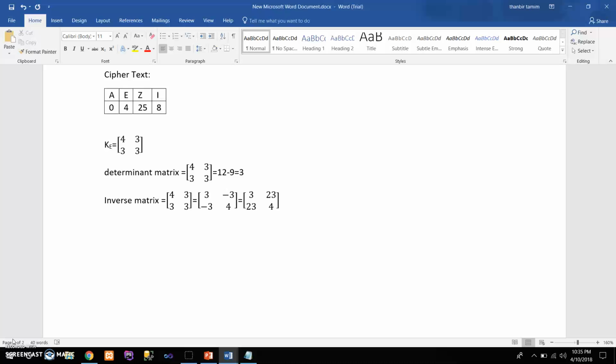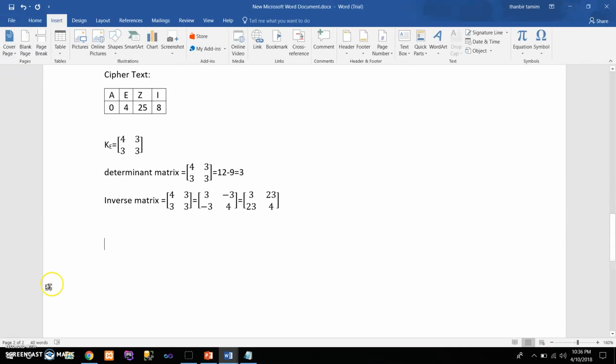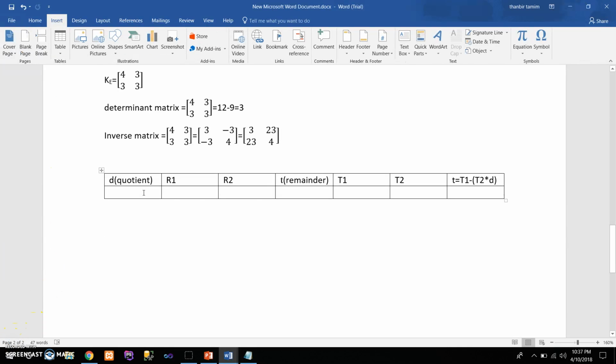So now we need only one step for getting a decryption key. The step is we will insert some table, also a heading. Here R1 will contain the value of English letters, total 26, so we can write 26 here.